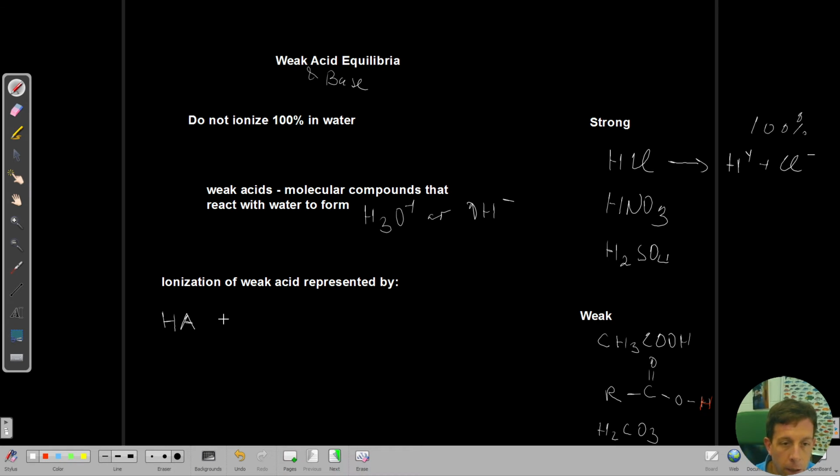A is the conjugate base, so in this case it's still bound to the acid, plus H2O, and that makes an equilibrium to form H3O plus and A minus. And all these species are in water.